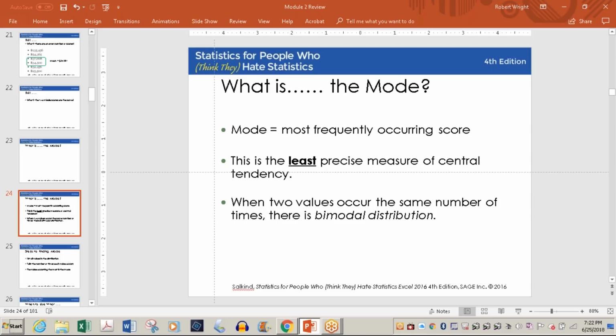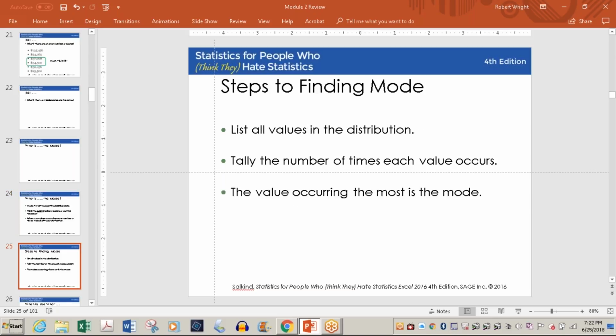It's perfectly acceptable to be multimodal or bimodal, as long as you accurately describe the most frequent values that appear, whether it's 1 value on its own, 2 or 3. So you're good either way. Steps to finding the mode: list all the values, tally the number of times each value occurs, and the value that occurs the most is the mode. We'll get into something similar in a moment when we talk about other ways of depicting this visually.